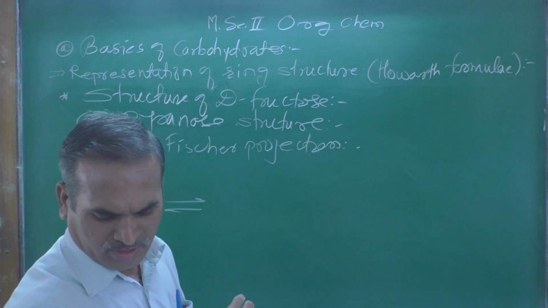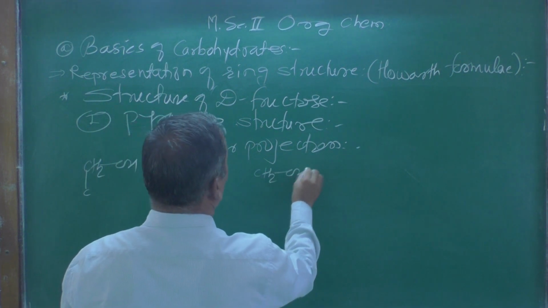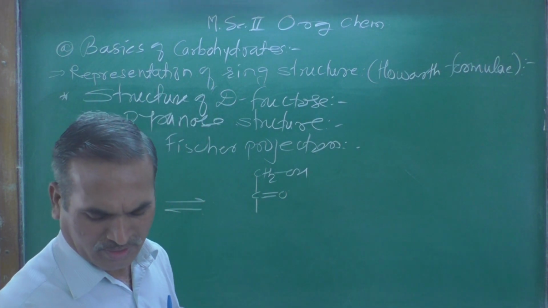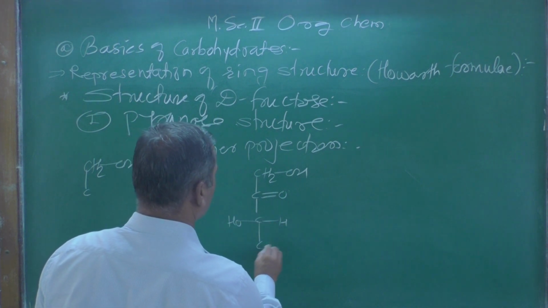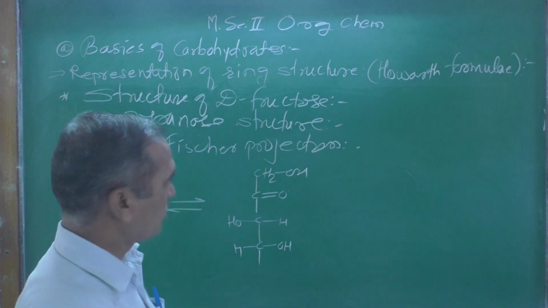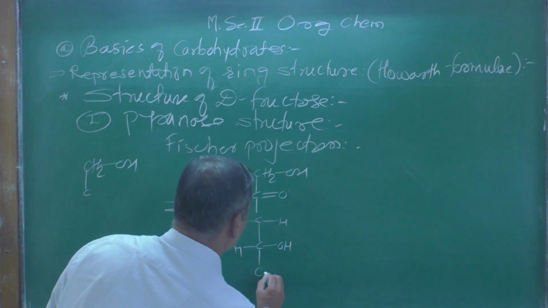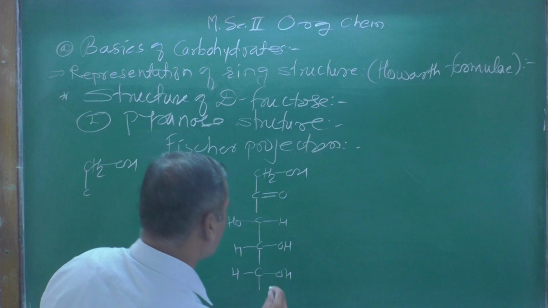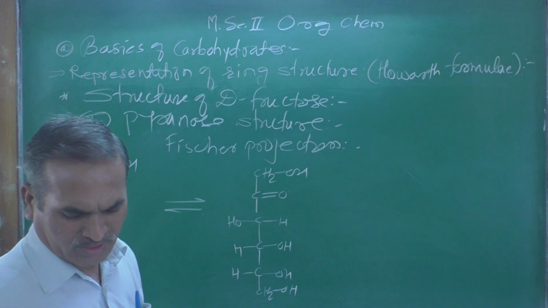The first one is D-fructose open chain. CH2OH, then at the second position the carbonyl group is there. In the next carbons, the hydroxy group is on the left-hand side, another on the right-hand side, then carbon number 1, 2, 3, 4, here 5 again on the right-hand side, and the other one is CH2OH.